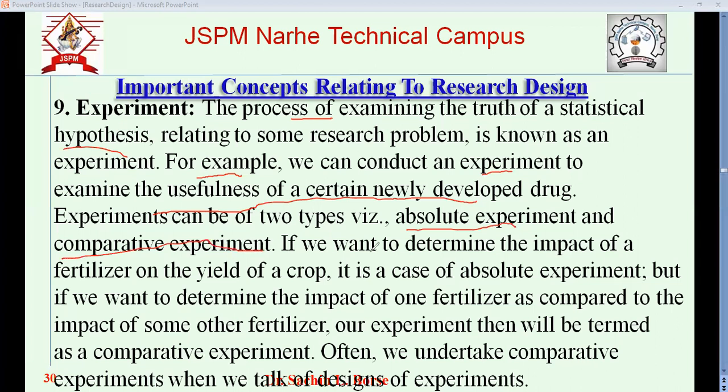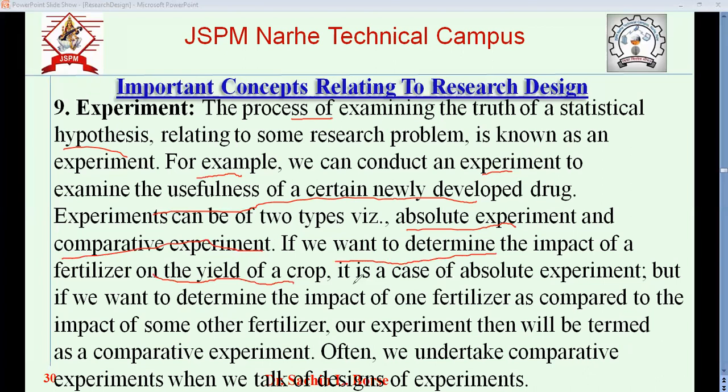What is an absolute experiment? Here we only study the performance of a particular thing. We don't compare it with another. But in a comparative experiment, we compare with another thing, like the performance of one drug compared with the performance of another drug. Suppose we want to determine the impact of fertilizer on the yield of a crop.